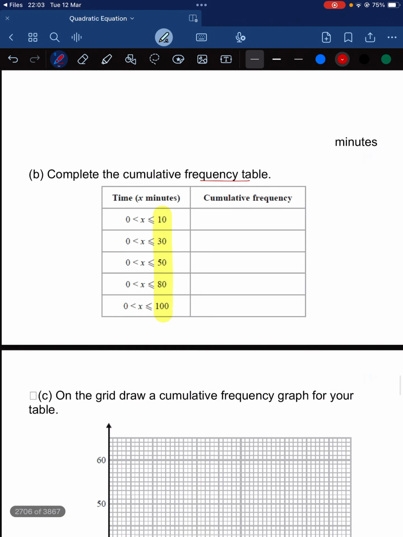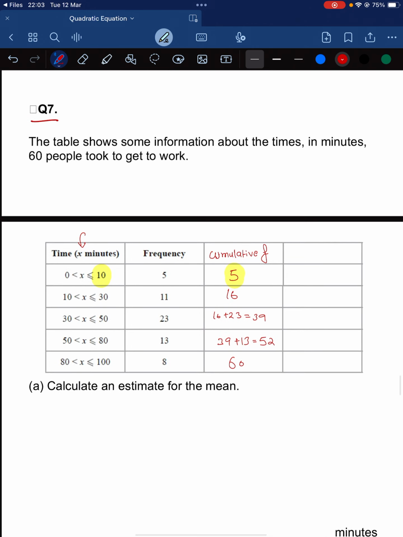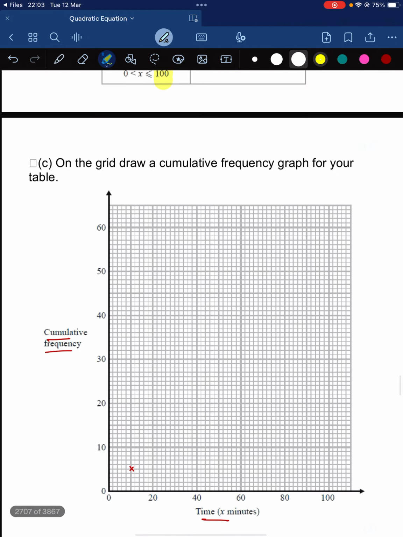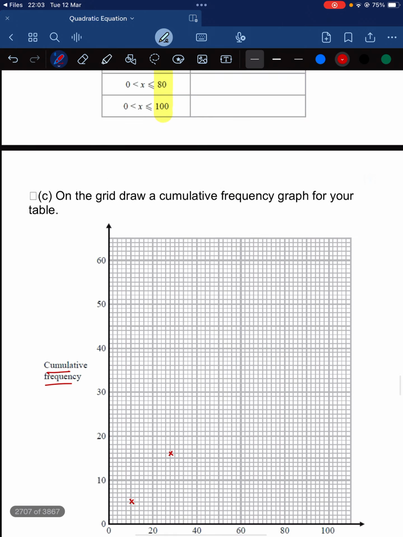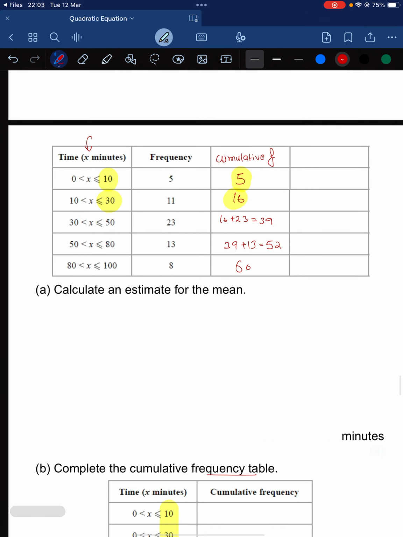The second point is 30 comma 16: the x value is 30 and the y value is 16. Then we need to draw the next point, that is 50 comma 39.